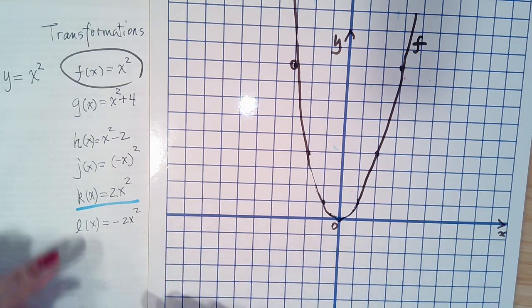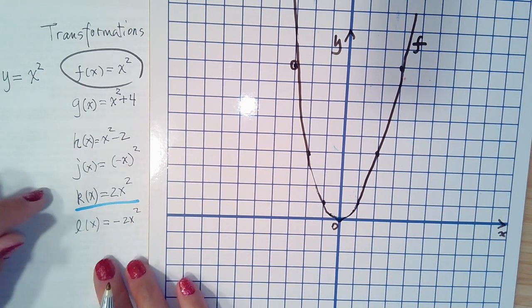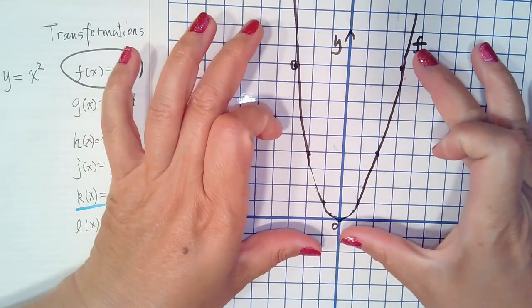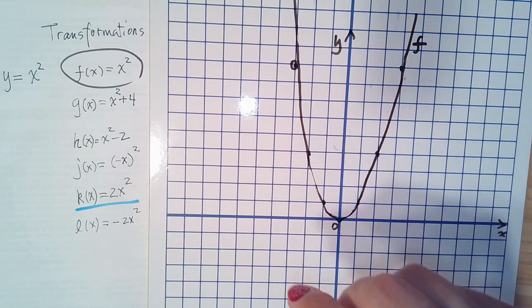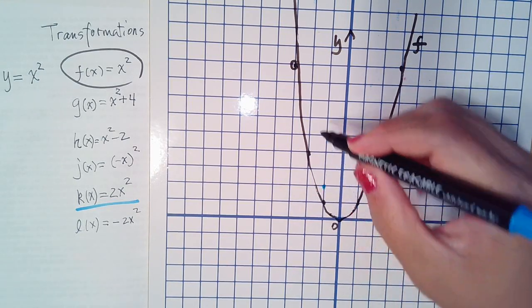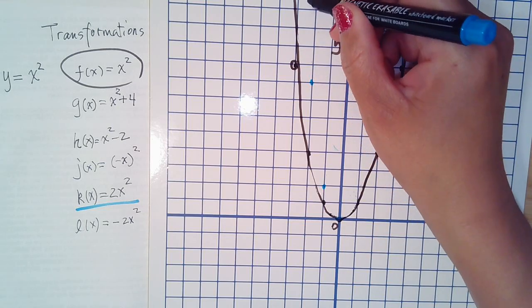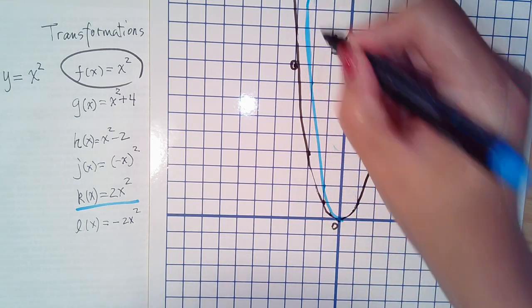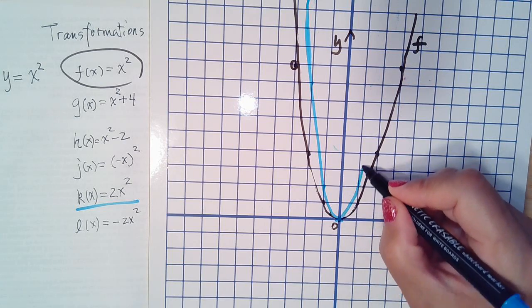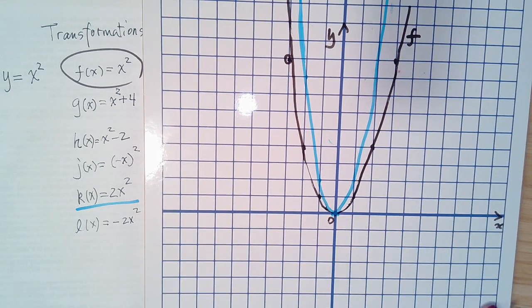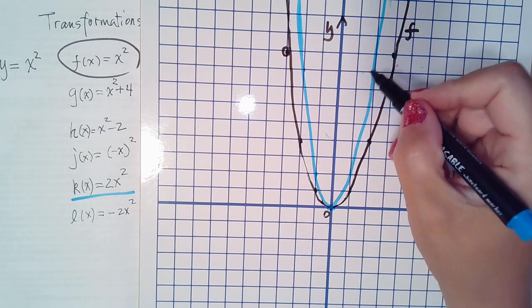Now, oh, I'm so sorry that I already erased my k. So my k of x is this guy, and I stretched it. Let me just do it. I stretched by a factor of 2, so that is my k. It's not pretty.